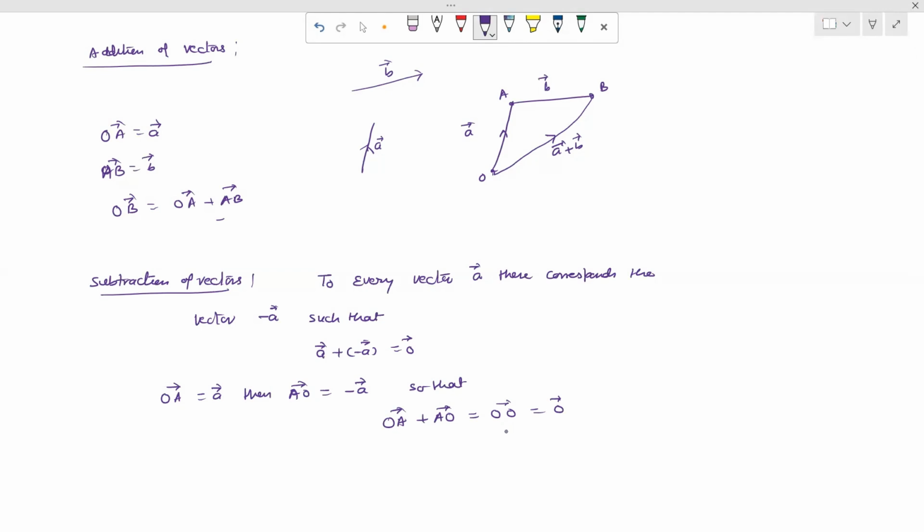So basically we can say that minus A vector is the inverse vector of A for the operation of addition.